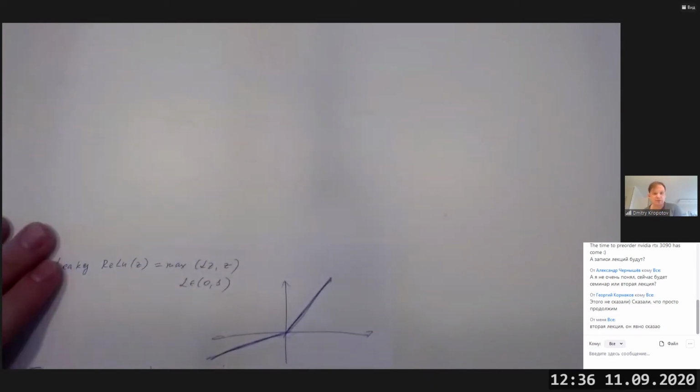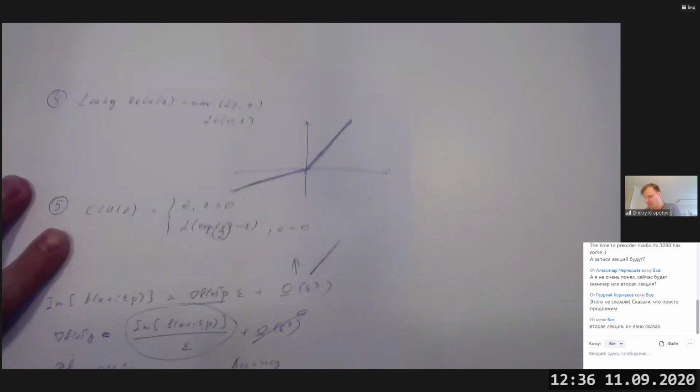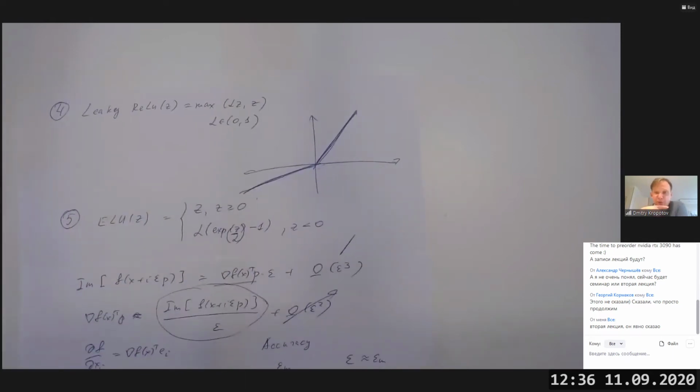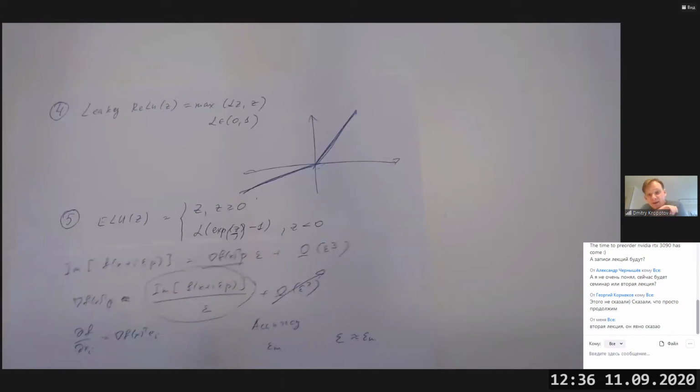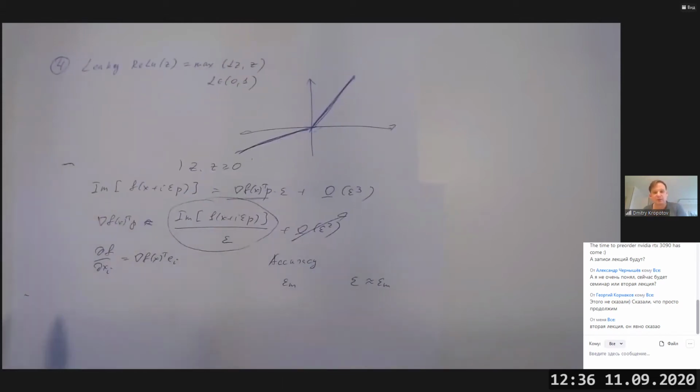However, if you implement the ReLU function not with a max operation, but as an if operator, like if the argument is greater than 0, then return this argument, otherwise return 0, then this method with a complex point would work well.